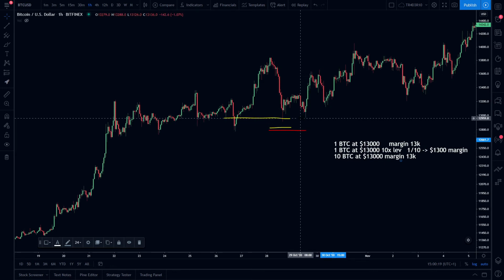So if you used 10x leverage to be able to do a much bigger trade, you are increasing your possible gains, but you are also increasing your possible losses.